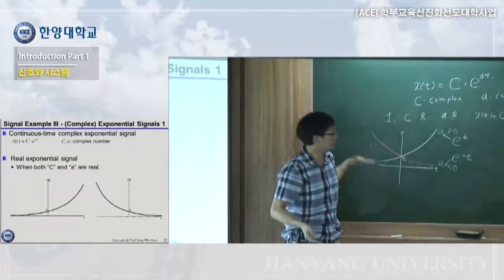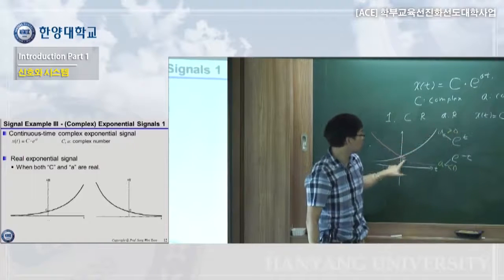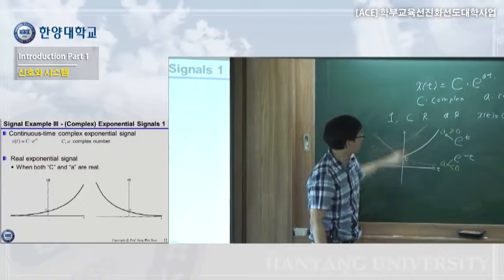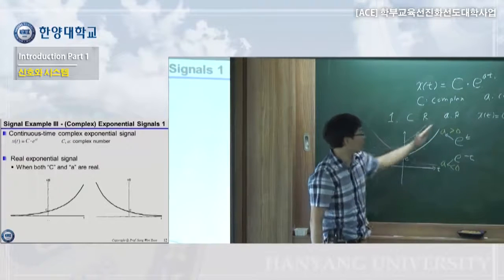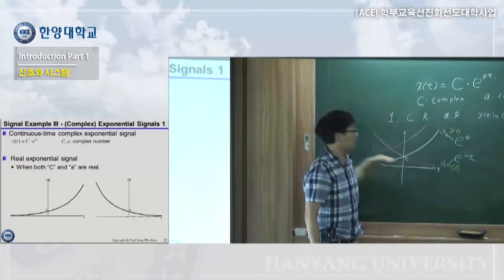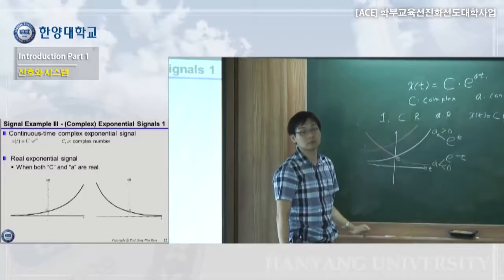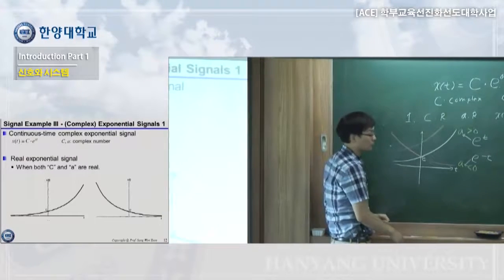So exponential, exponential, but depending on C, they can be here, they can be here. Depending on the polarity of A, they will decay or they can expand. Simplest case.